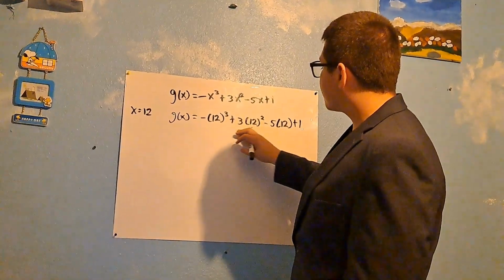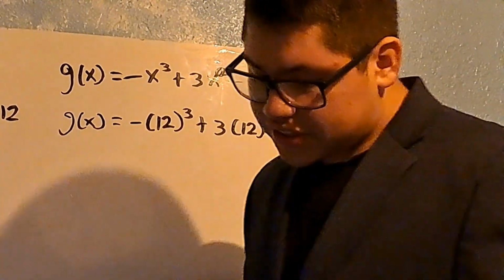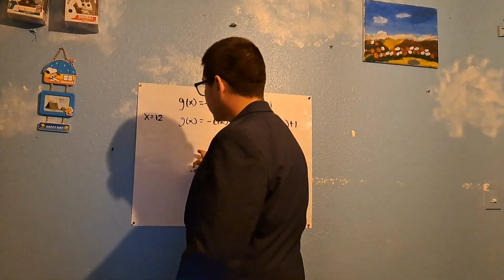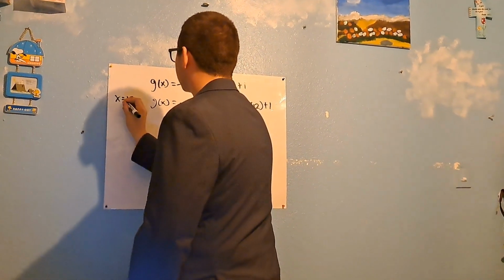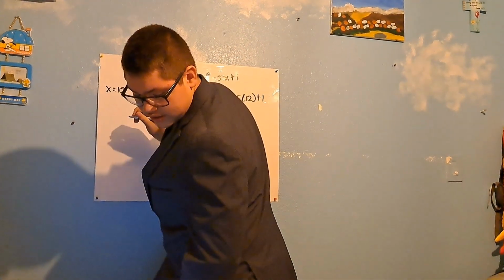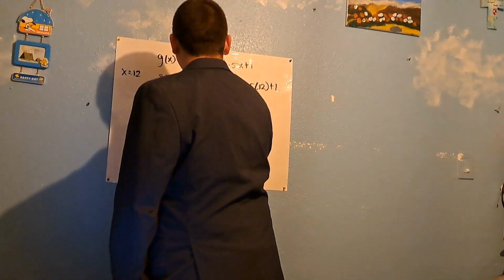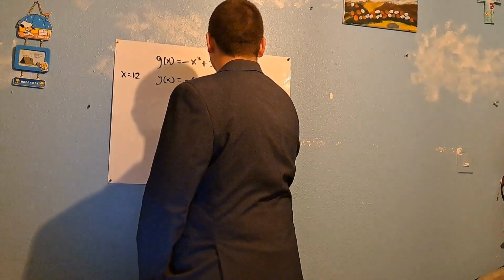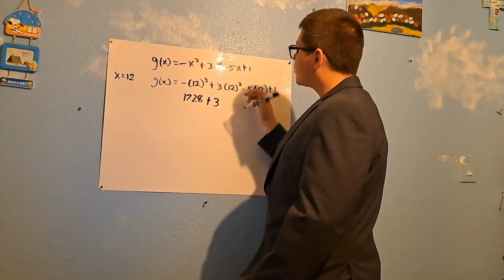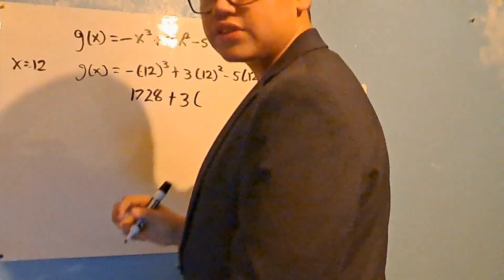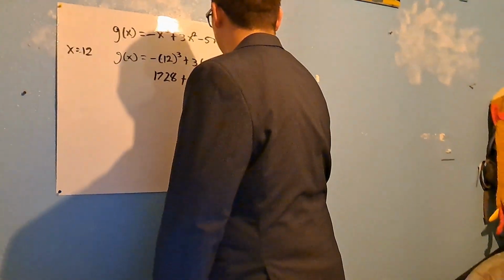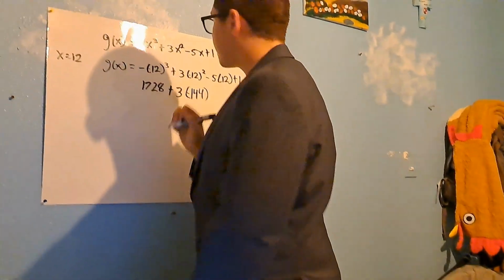After we plug this number back in, we get every single individual value. For example, negative 12 cubed would be negative 1728, plus 3, and we have to find the factor of this, which 12 to the second power would equal 144, and we're talking about a negative 12.